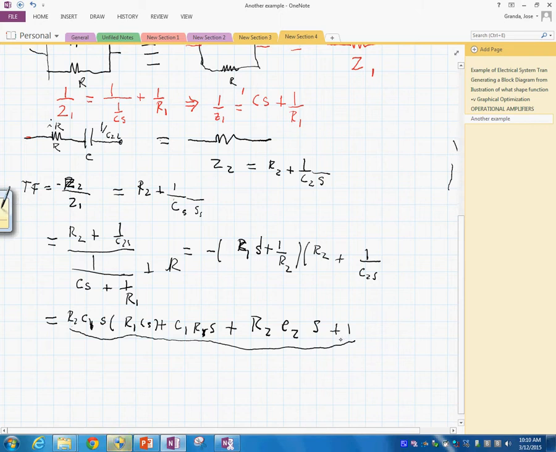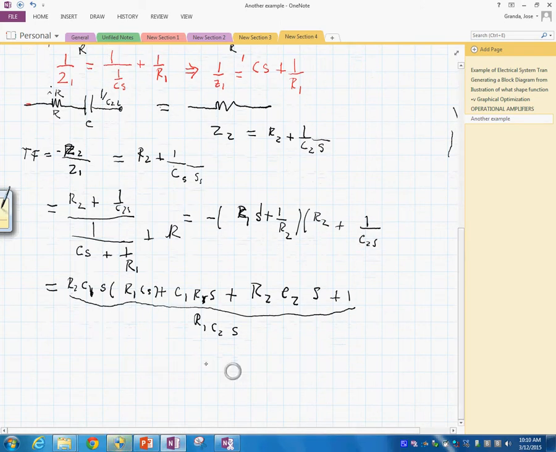So this is going to be divided by R1 C sub 2 times S. So if you do this, the way I have it implemented in my example is like minus 1.223.